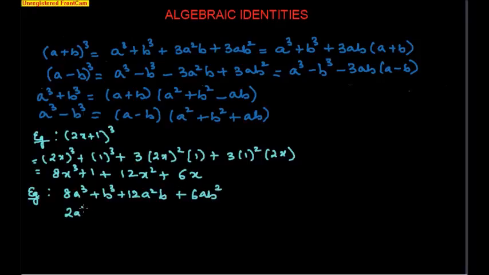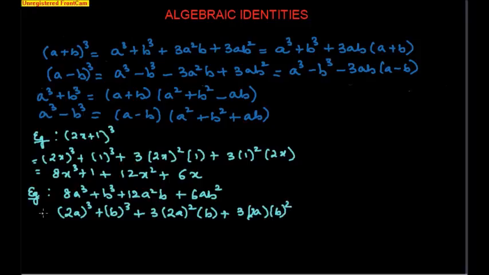I can write it as 2a whole cube plus b cube plus 3 into 2a square into b plus 3 into 2a into b whole square. So if you see, this becomes 2a plus b whole cube.